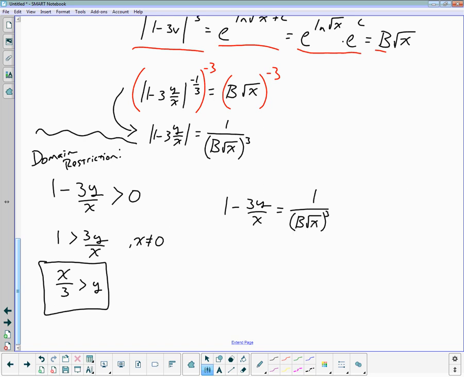And of course, yes, you can go ahead and clean that up and put it to the rational exponents and all that good stuff. So we're going to multiply both sides by x and clean it up. Now, this is cubed.